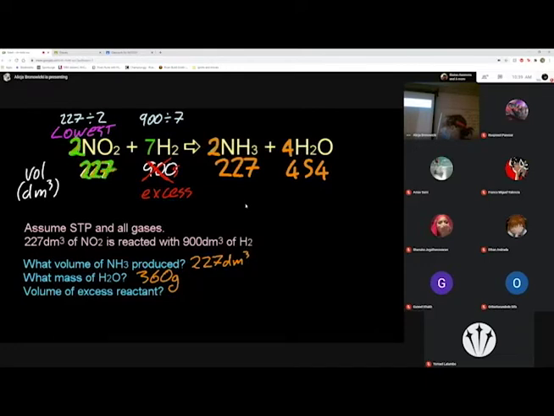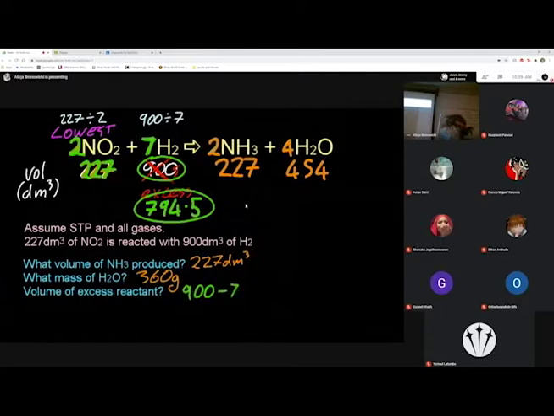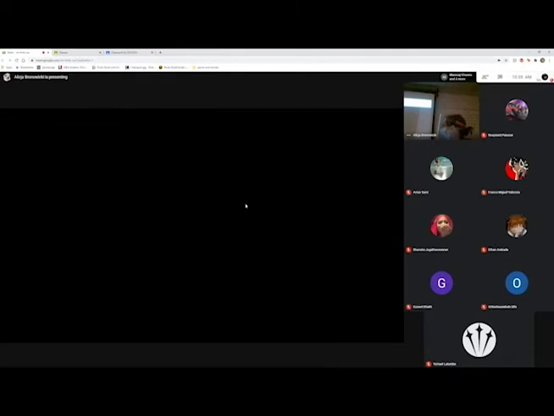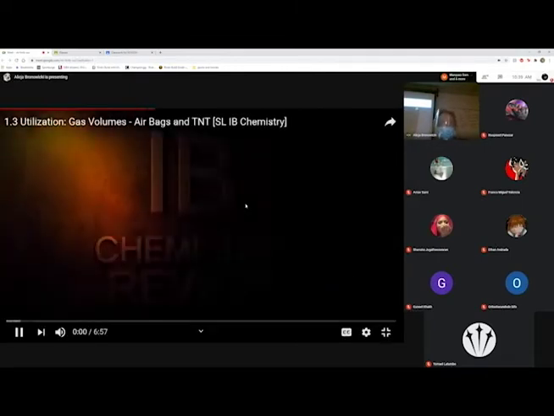So 2 is to 227, as 7 is to, little more cross multiplication, to get 794.5. So I put in 900, I only used 794.5, so I had 105.5 decimeters cubed excess at the end. And we're done.